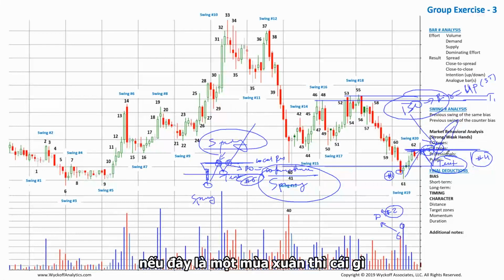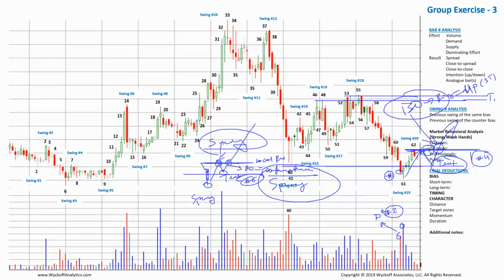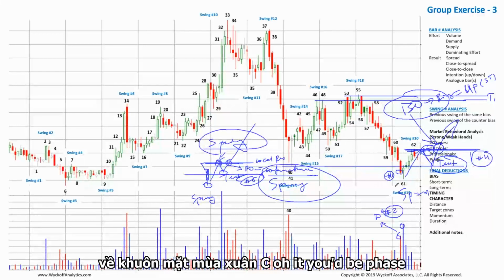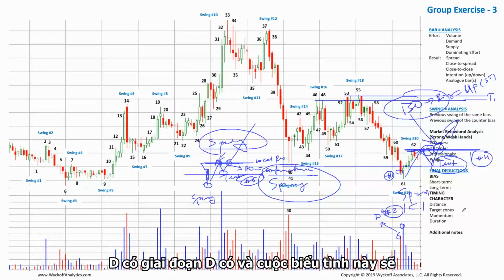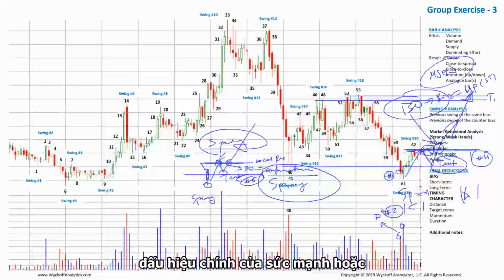If this is a spring, then what is the rally? How would we label the rally? Think about spring, phase C. Oh, you'd be phase D, yes. Phase D, and this rally would be labeled as a major sign of strength, or possible major sign of strength.